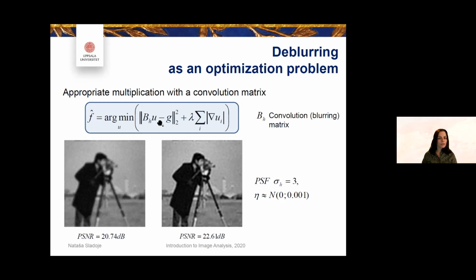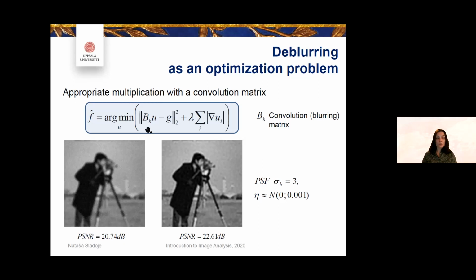Instead of having just our image, our function u, we will then also apply this linear degradation to it in this forward model. And we will then just repeat this whole optimization process in the same way as what was described for the case of denoising. And that is the whole thing.